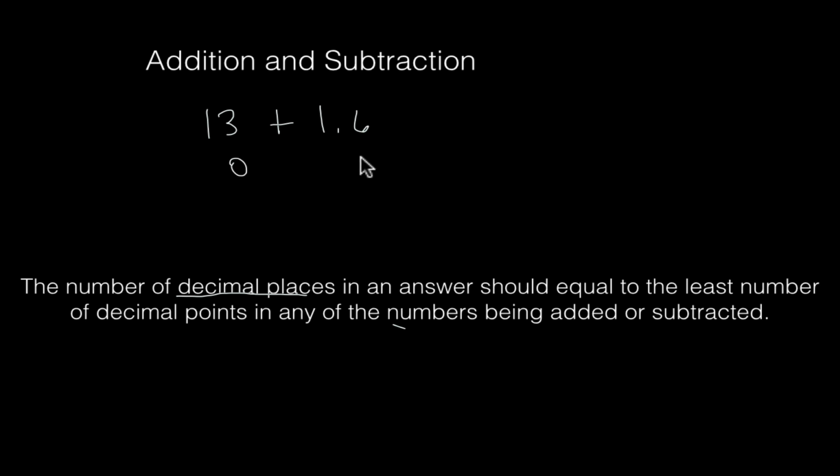We have none here, we have 1 here. So we should really have no decimal places in our answer. If we added those, we would get 14.6. But we can't have any decimal places in this one because that's the least number here, 0. So we should round that. Since we have 14.6, we'd round that up to 15, and that would be your answer for addition and subtraction.